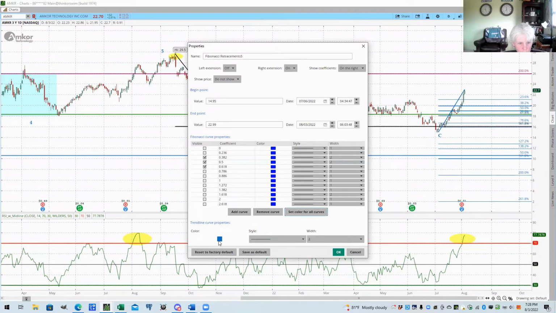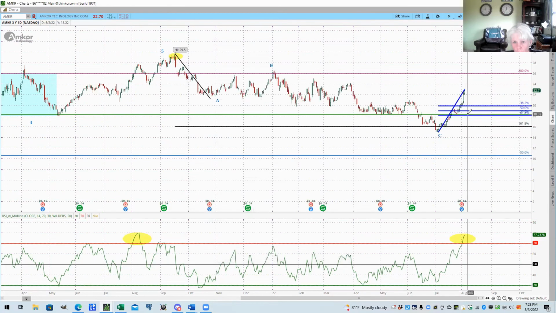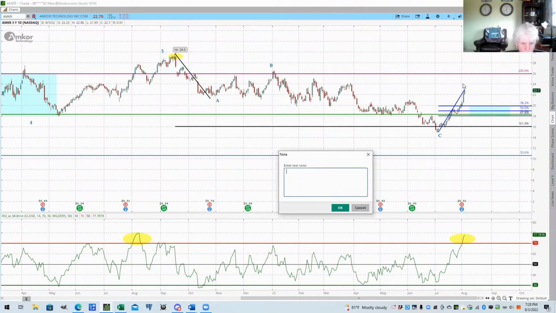Change color here. My expectation is that we will find support retracement somewhere around here for wave 2, this little wave of a larger wave 1.